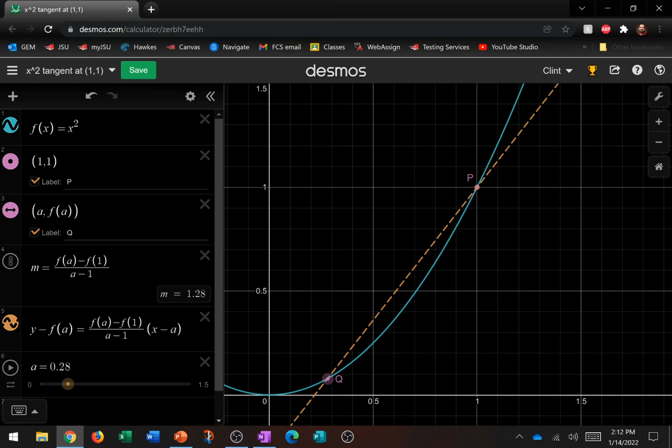And then as I move Q closer to P, 1.5, 1.71, 1.76, 1.9, 1.96, 1.98, 1.99. So when the x coordinate of our Q point is 0.99, the slope between Q and P is 1.99.